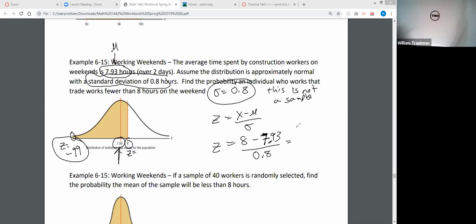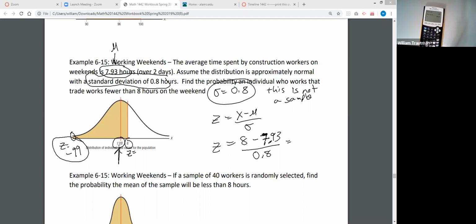So my z value is 8 minus 7.93. Hit enter and then divide by 0.8.